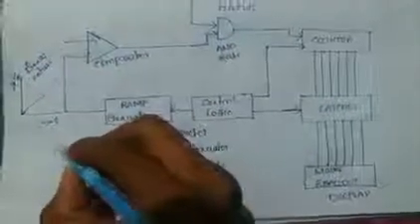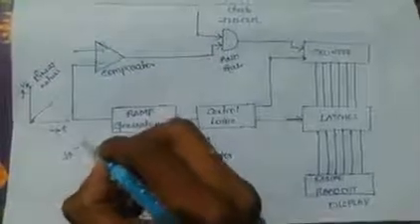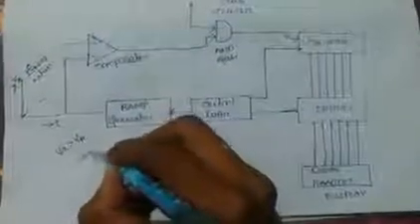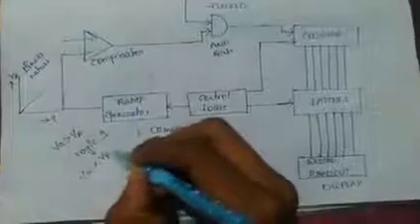Now if VA is greater than VR, the comparator gives a high output, that is logic 1. If VA is less than VR, the comparator output is low, that is logic 0.